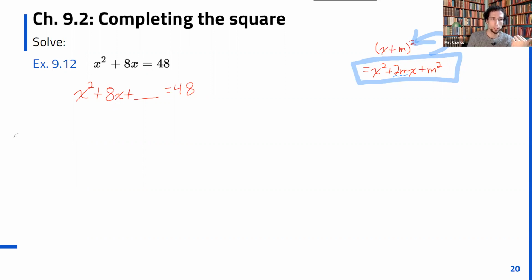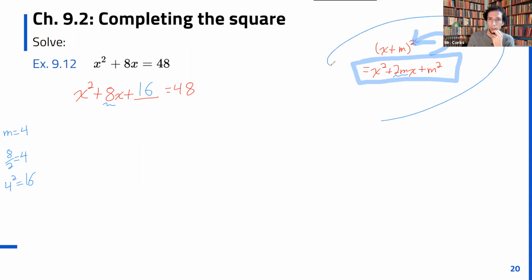So in this case, our m would be equal to 4. So we take our 8 divided by 2, which is 4. And then the c value here is that squared. So 4 squared, 16. And that is going to go here. So now we've completed the square.